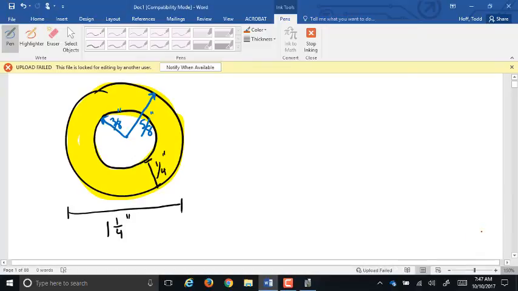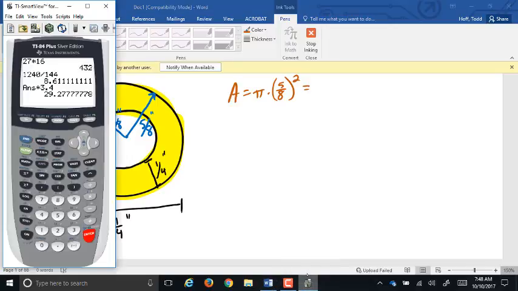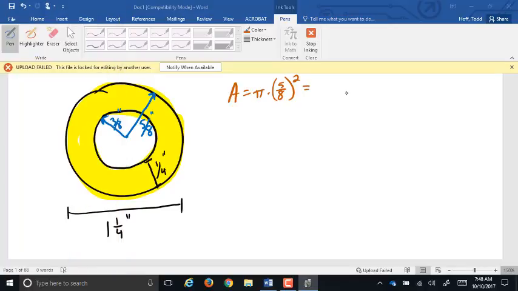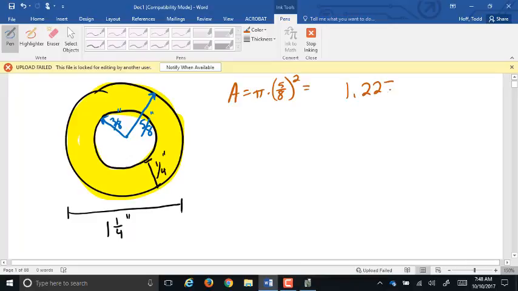So to do this, you got to find the big circle, subtract out the little circle. The big circle is going to have an area of pi times 5/8 squared, 0.625 squared. So 1.227 square inches.